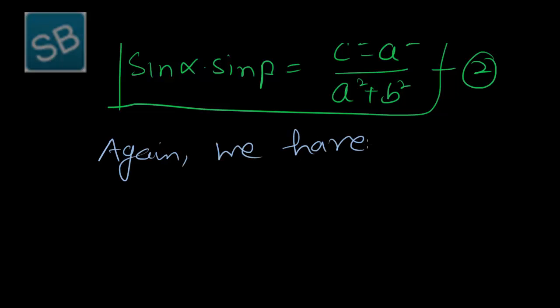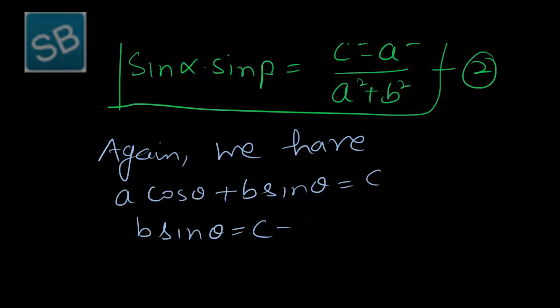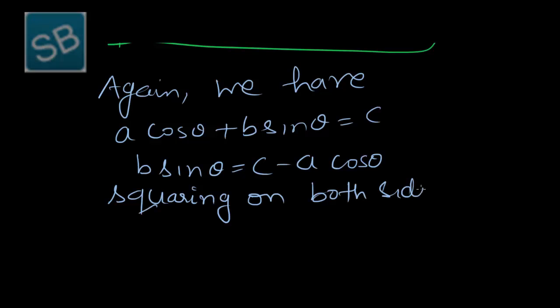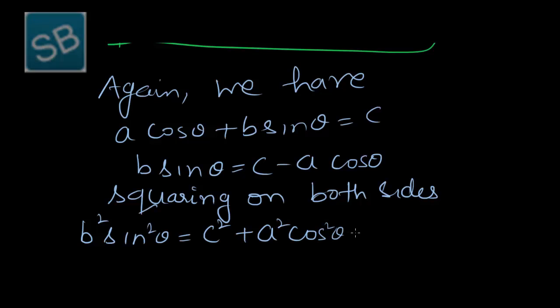So again, we have a cos theta plus b sin theta is equal to c. That gives b sin theta is equal to c minus a cos theta. So squaring on both sides, we get b square sin square theta is equal to c square plus a square cos square theta minus 2ac cos theta.